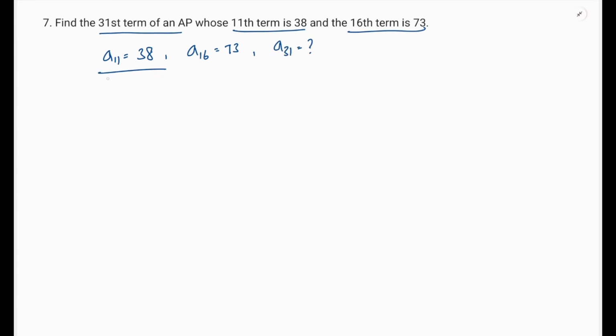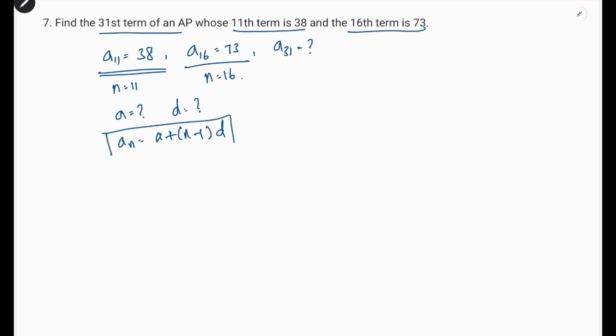In the 11th term, n is equal to 11, and in the 16th term, n is equal to 16. We don't know the first term a and we don't know the common difference. We will substitute the values in the formula an is equal to a plus n minus 1 into d.